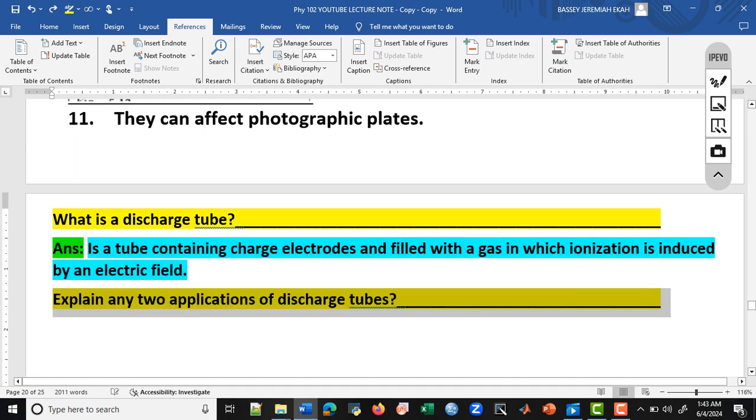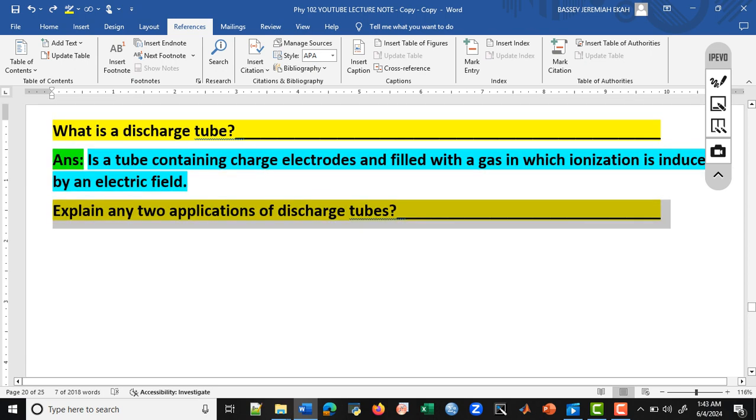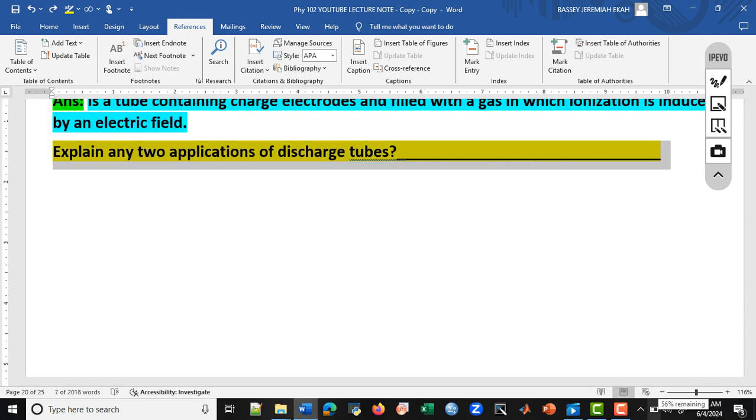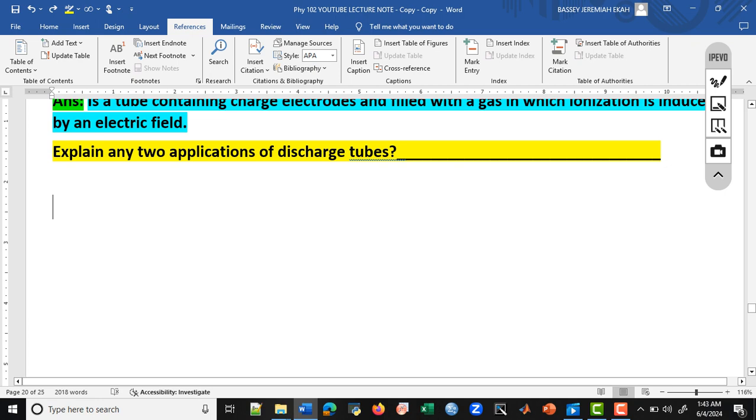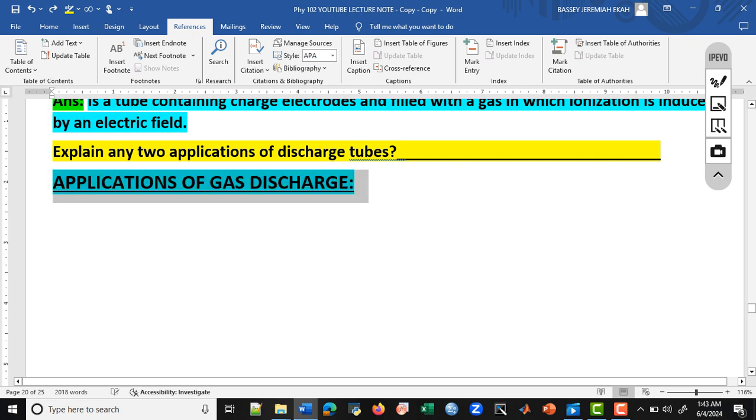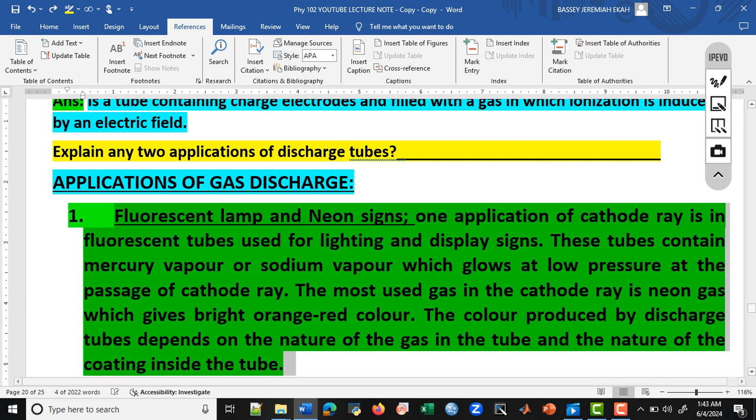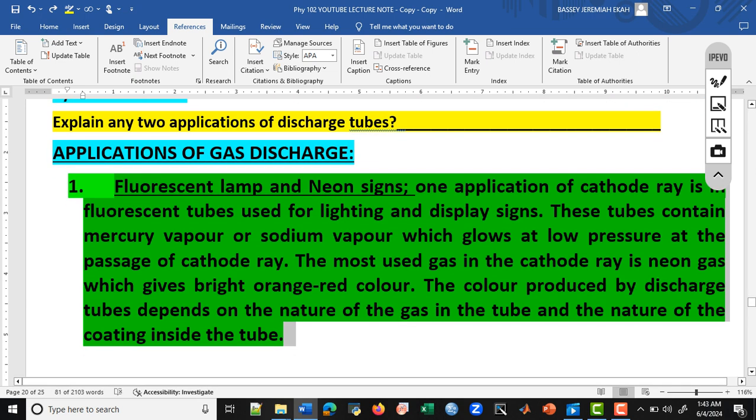This other question says, explain any two applications of discharge tubes. Let's take the first one, the fluorescent lamp and neon signs.